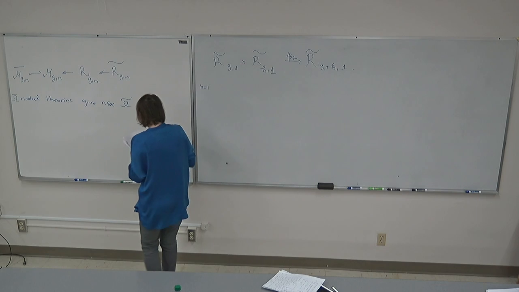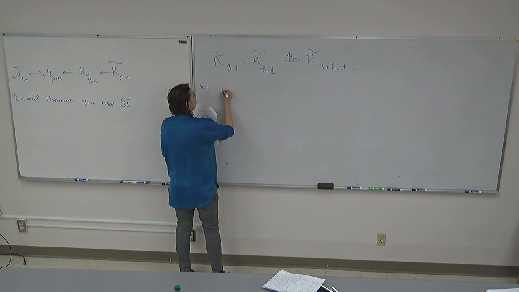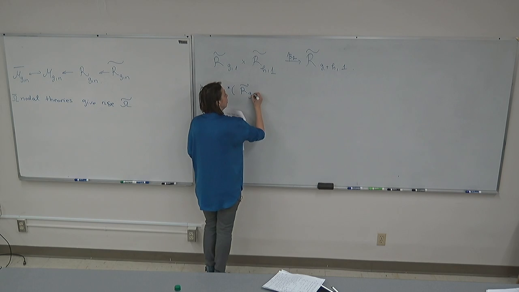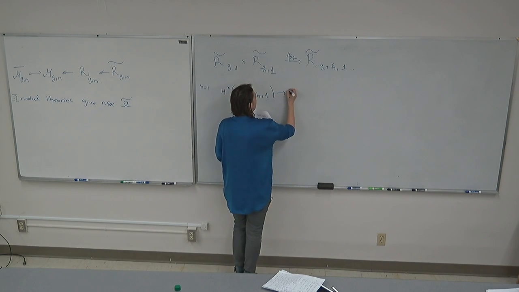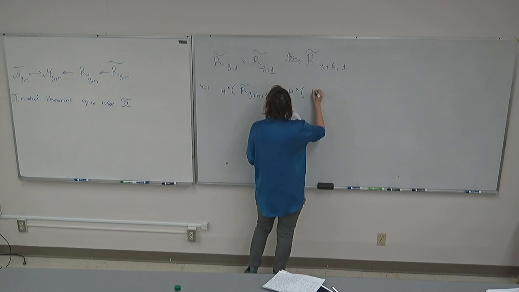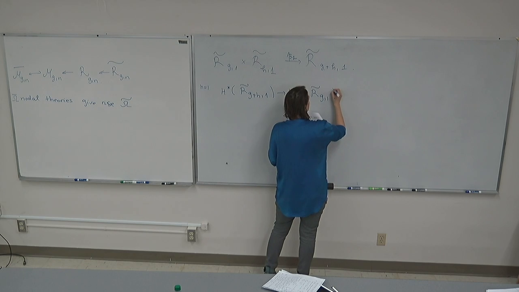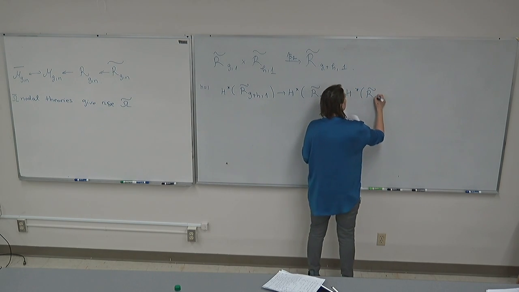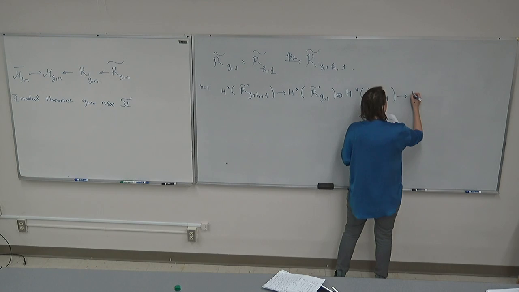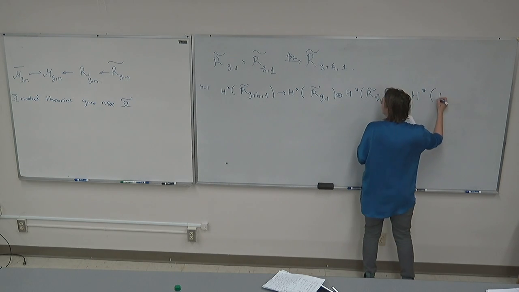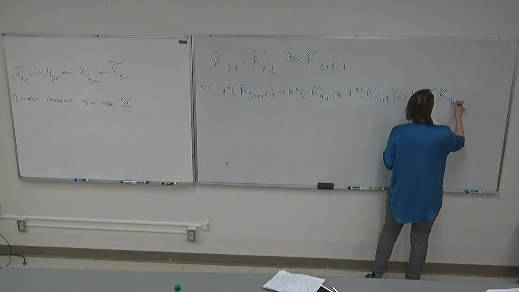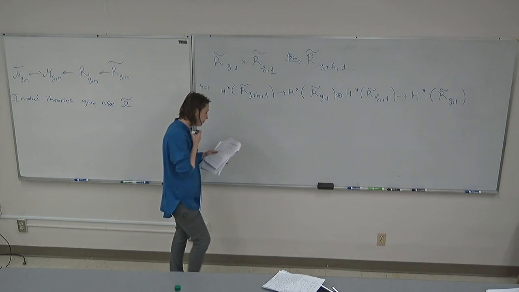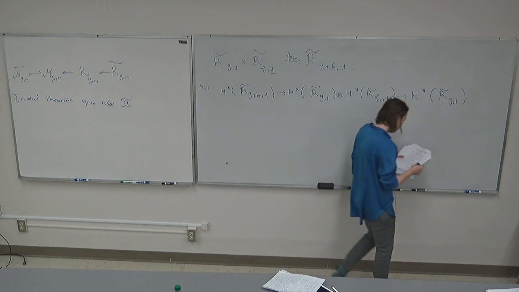So this gives a projective system on cohomology. I will reverse the arrows, and then go to the cohomology of G, N equals 1.